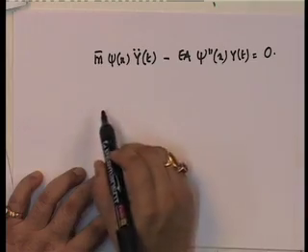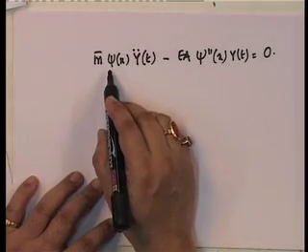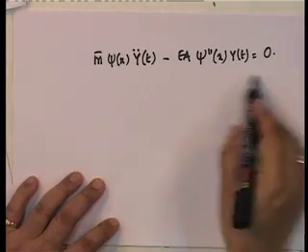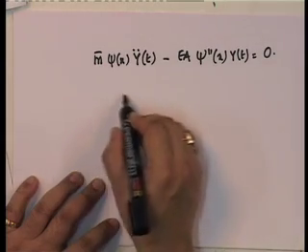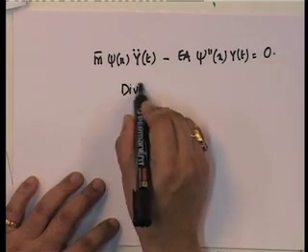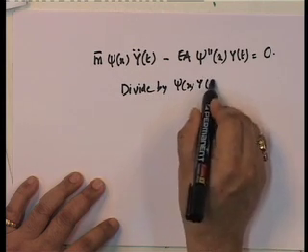Now, let me divide throughout by xi(x) y(t).